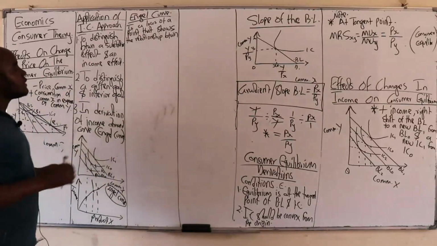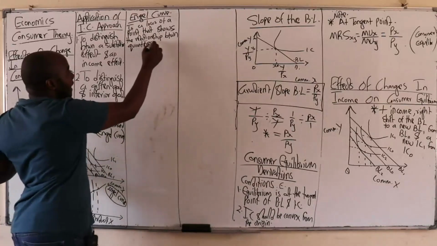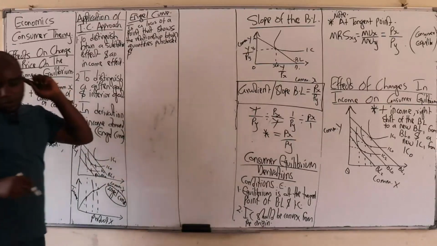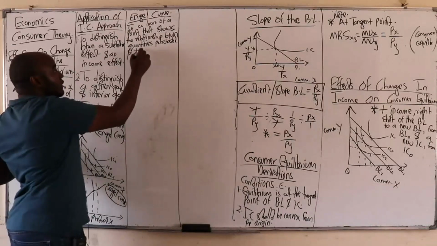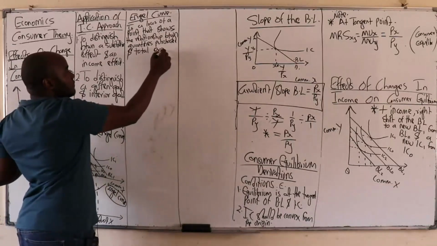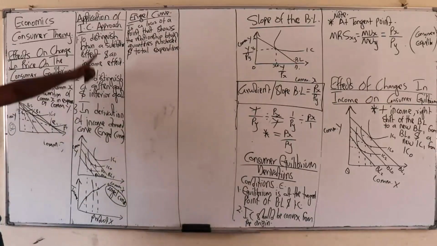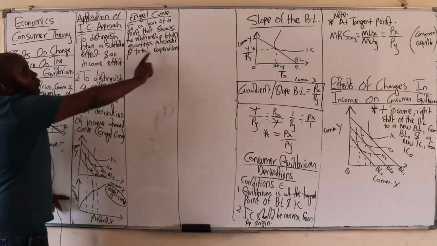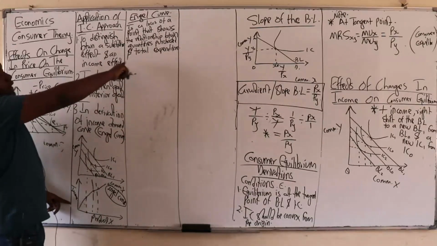The quantity that we are talking about is the product, and the total expenditure.